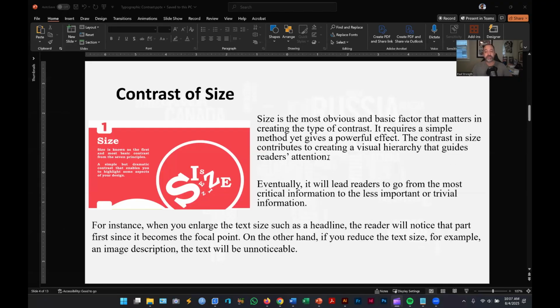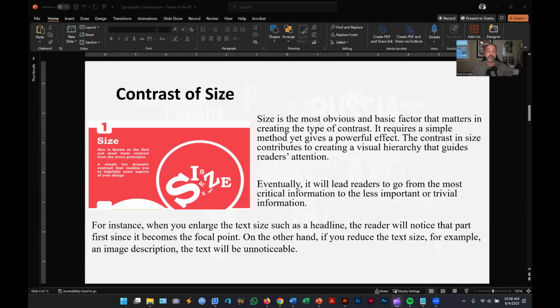Eventually, it will lead readers to go from the most critical information to the less important and trivial information. For instance, when you enlarge the text size, such as a headline, like here where it says size, the reader will notice that part first, since it becomes the focal point, just like up here, size of contrast, or contrast of size.